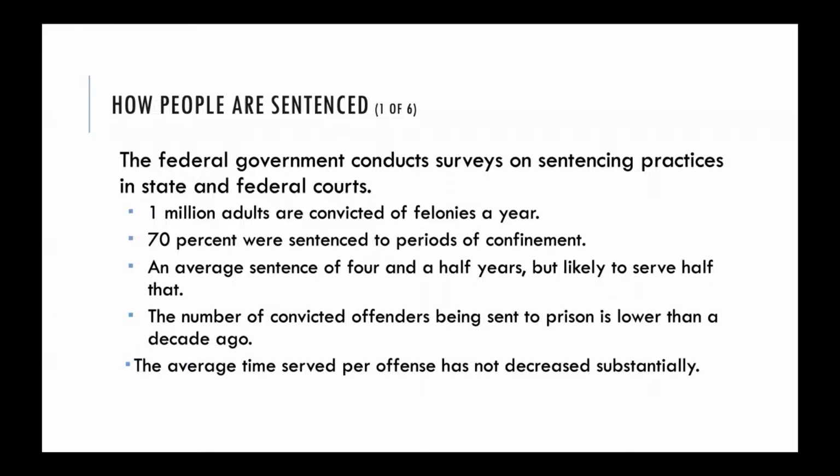Now, felonies sentenced in state prisons had an average sentence of 4.5 years. But people sentenced were likely to serve only about half of that. About 1/3 of all sentenced offenders are typically expected to pay a fine, pay victim restitution, which means you pay damages to the victim. At the very least, you try to replace what you broke or stole.